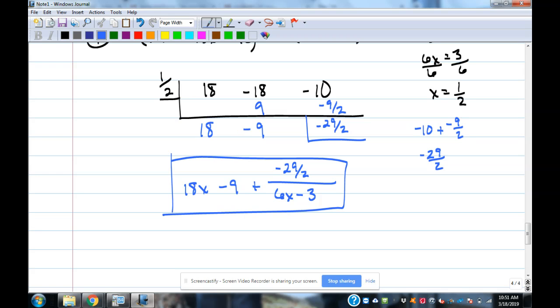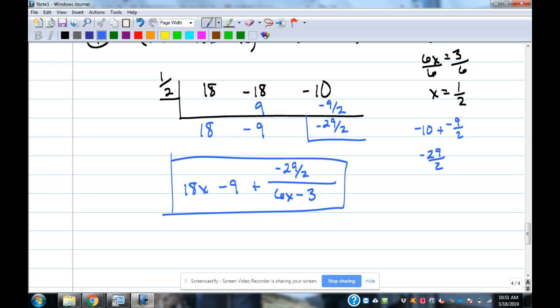So you look at that, number 1, number 2 can be synthetic. 3 and 4, 5 and 6, got to be long division. 7, 8, and 9, synthetic. 10, long. 13's got to be long, and 15's got to be long.